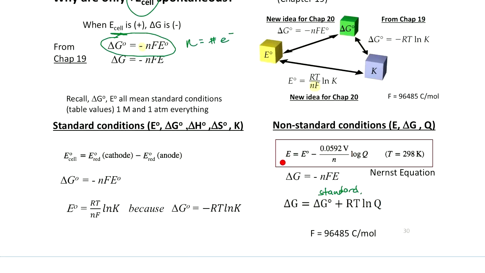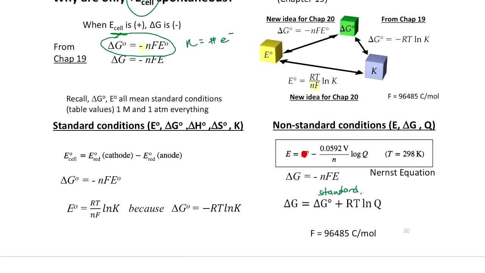Cell potential without the naught. See how this E has no naught? It means we're not at standard conditions, meaning our concentrations are not necessarily 1 molarity and 1 molarity. So we can use this equation. This is the Nernst equation, where the cell potential of our electrochemical cell is equal to what the cell usually is using book values.